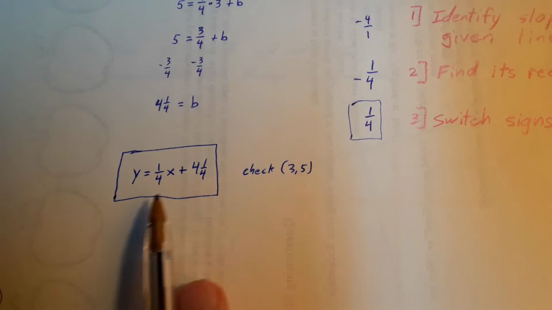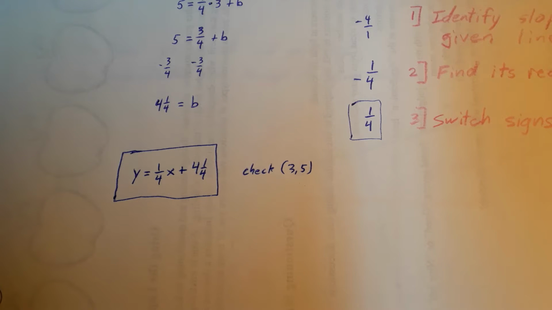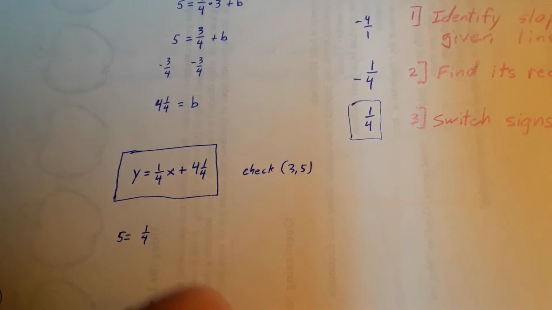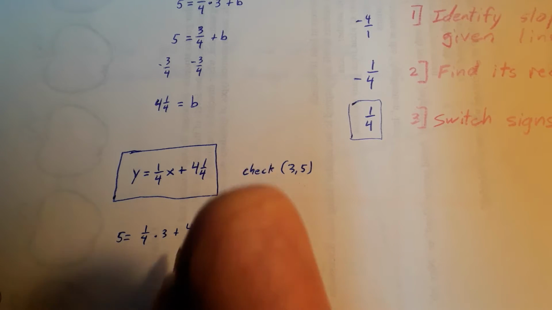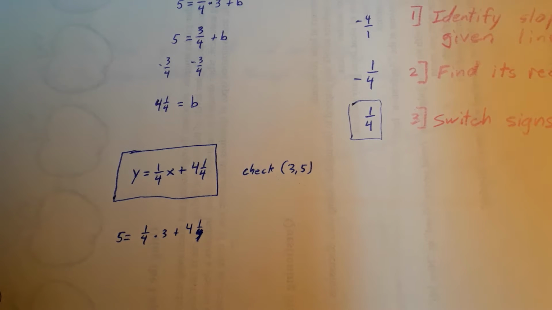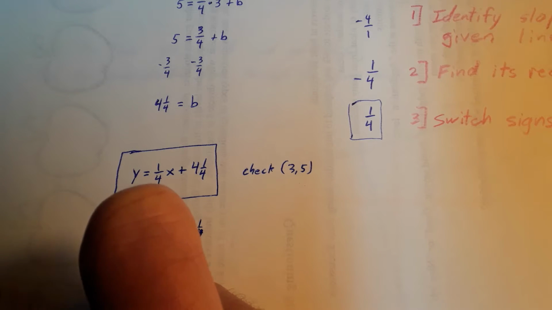So we're going to substitute this in here. Again, this is the x and the y value. We're going to substitute it in for the x and the y. So 5 equals 3/4 times 3 plus 4 1/4. Oh, that's a 4. All right, so clean this up a little bit.